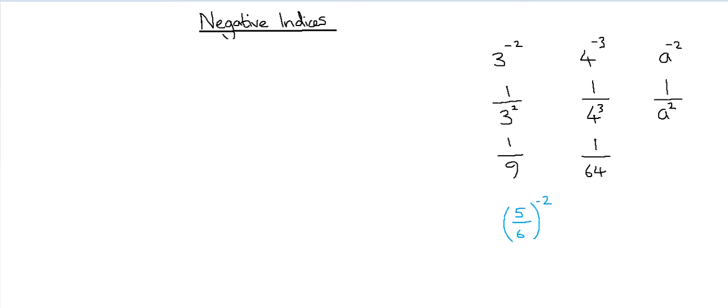Okay, so let's use this one. So we know we can rewrite it like this: 3 to the minus 2. And there's a 1 appearing. So is there a 1? And actually there is, because we could write 3 as 3 over 1. And now if I put it in a bracket, you can see it automatically looks like this.